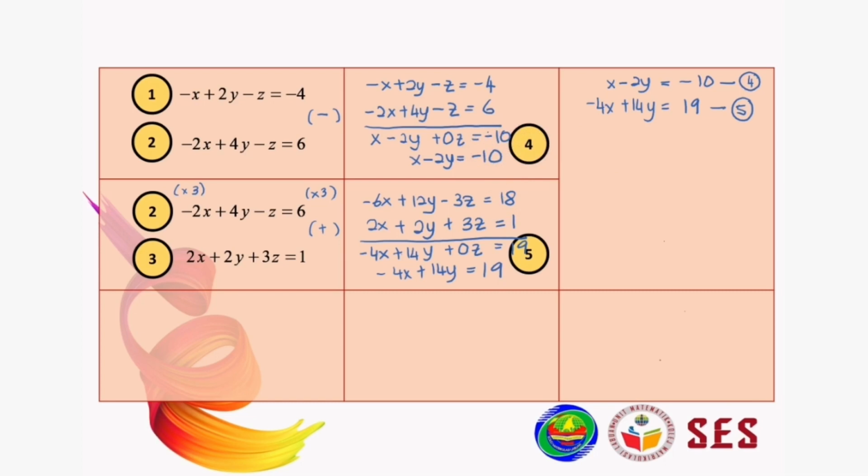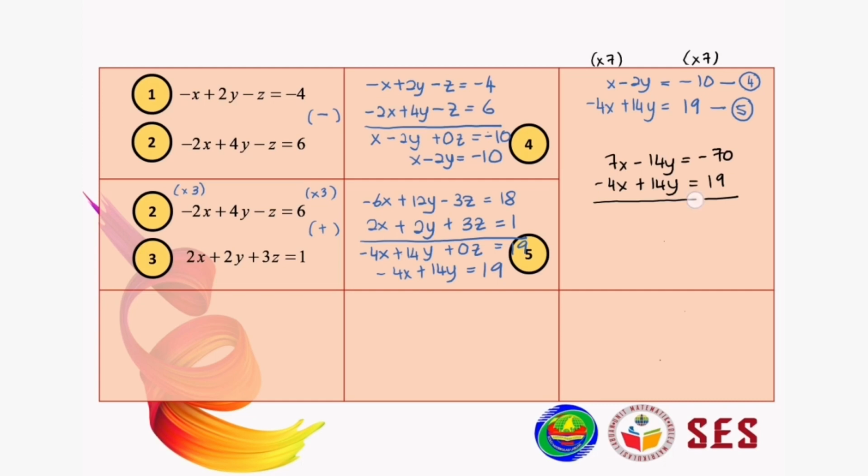In order for us to remove y, we need to multiply equation number 4 by 7 for both right-hand side and also left-hand side, so that we will have the coefficient of y as 14 for both equations. Therefore, equation number 4 will be 7x minus 14y equals to negative 70, and equation number 5 will remain the same as negative 4x plus 14y equals to 19.